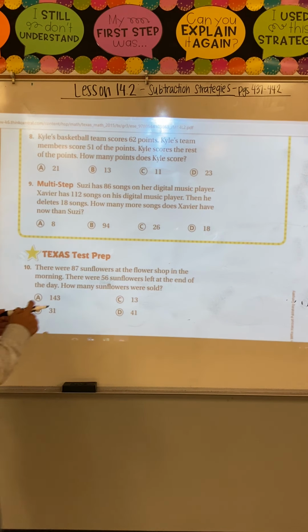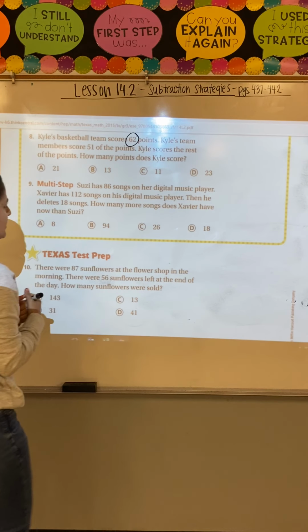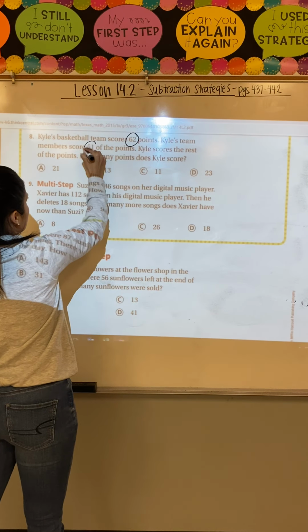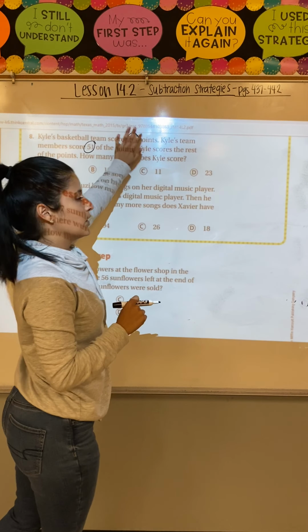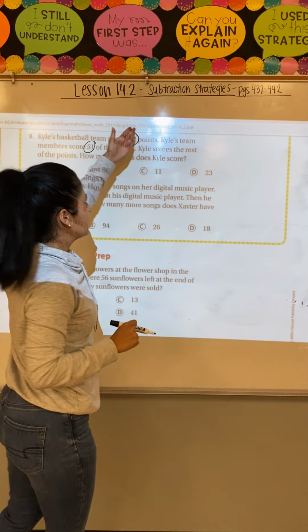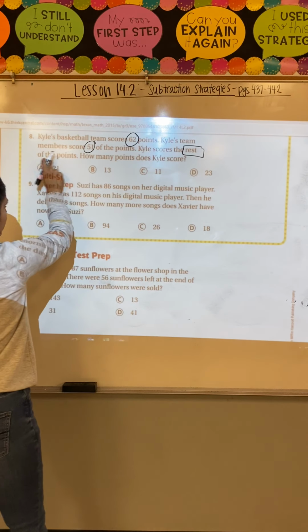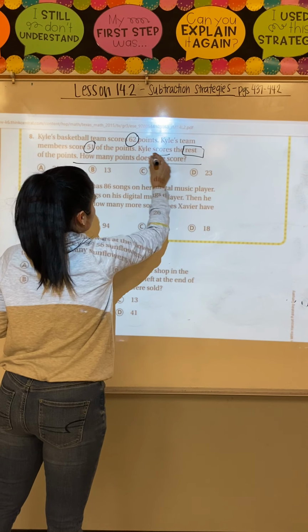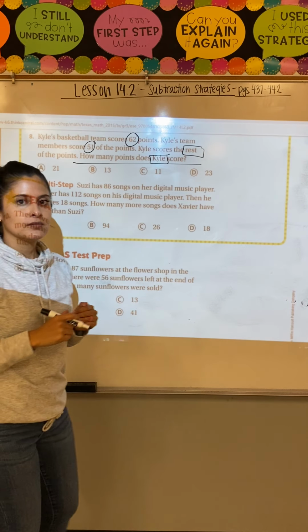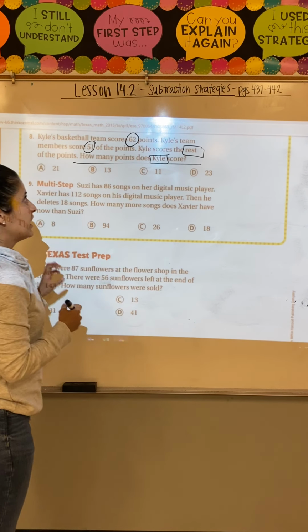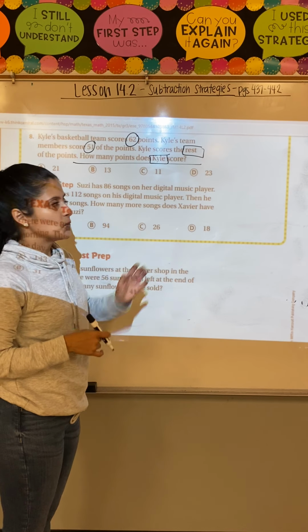Kyle's basketball team scores 62 points. Kyle's team members scored 51 of those points of that total. Kyle scores the rest of the points. How many points does Kyle score? Well, Kyle, he's on that team, right? And he contributed to those points.